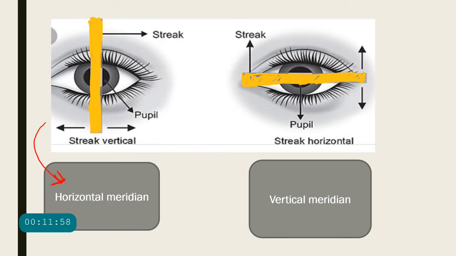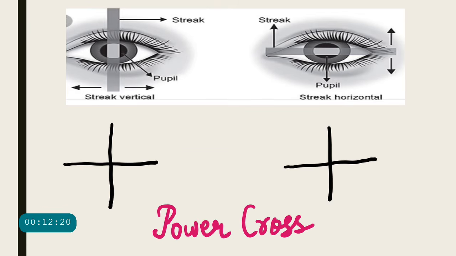So this is a very important point. Don't get confused. Whenever we have a vertical streak and we are moving the streak left and right, we are actually testing the horizontal meridian. However, when the streak is horizontal, we are testing the vertical meridian by sweeping the streak up and down. So I hope that is clear.